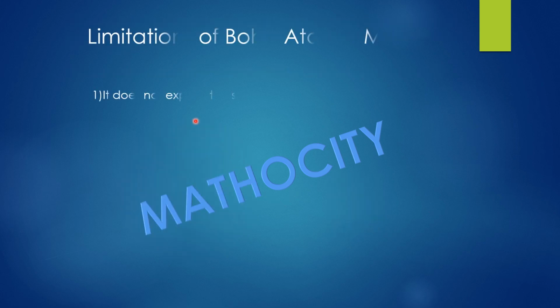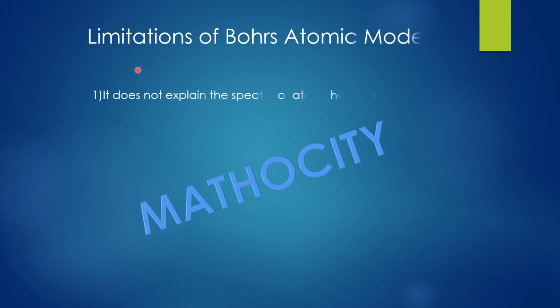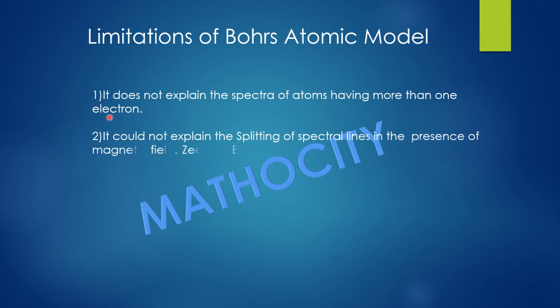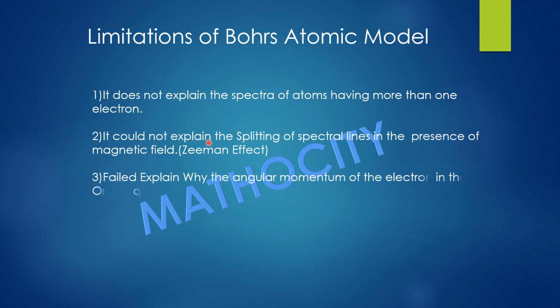Let us discuss the limitations which we have seen in the animation. Limitations of Bohr's atomic model. It does not explain the spectra of atoms having more than one electron. Next one, it could not explain the splitting of spectral lines in the presence of a magnetic field.